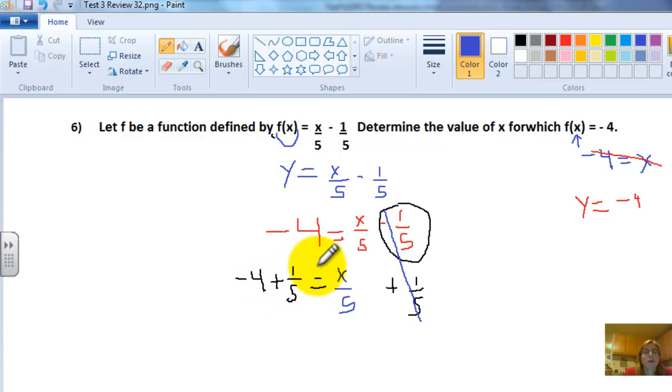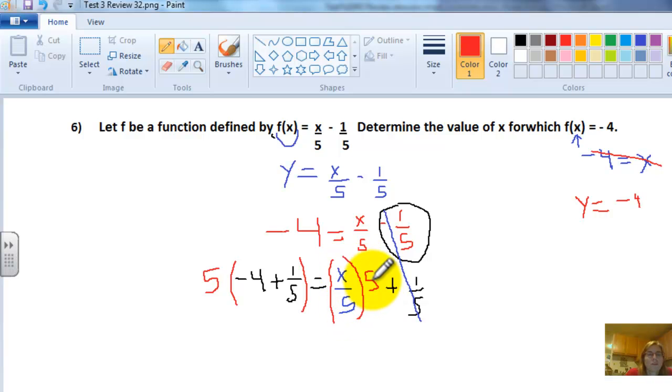Now what we want to do is multiply both sides by 5 so that this denominator is no longer in our way, so to speak. So the whole thing, minus 4 plus 1/5, can be multiplied by 5. But whatever you do to one side, you have to do to the other. So we're also going to multiply this by 5.